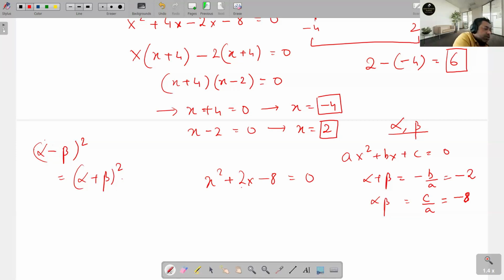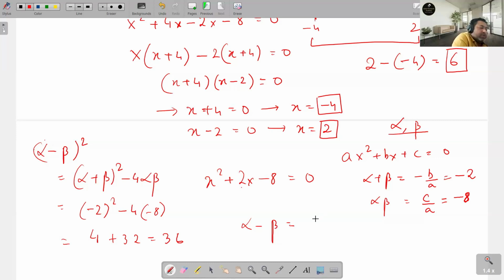Plugging in the value of alpha plus beta as minus 2 whole square, minus 4 and alpha beta as minus 8, will get us 4 plus 32. That is 36. Therefore alpha minus beta will be equal to the square root of 36, which is equal to 6. This is another way of finding alpha minus beta as well.